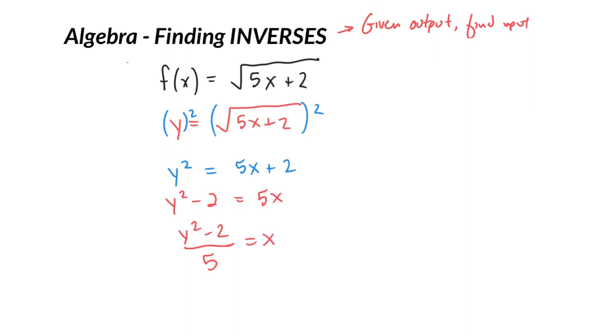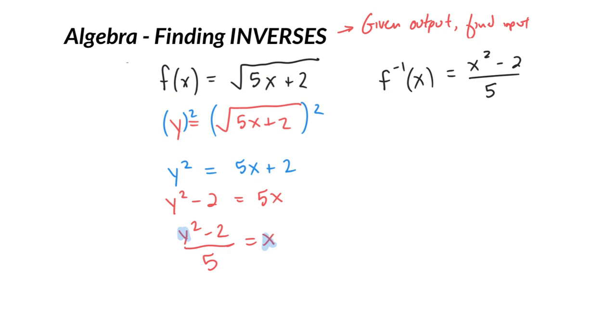And at the very end, swap the variables. Now, I keep saying, at the very end, you will see some teachers that will say, swap them right away, and then just solve, and at the very end, you don't swap. That really doesn't make a difference. I just always like the consistency of saying, I am solving for the input value. That's what an inverse does.